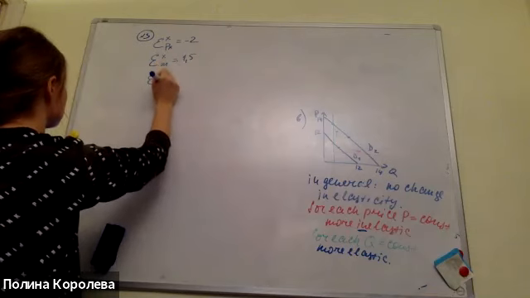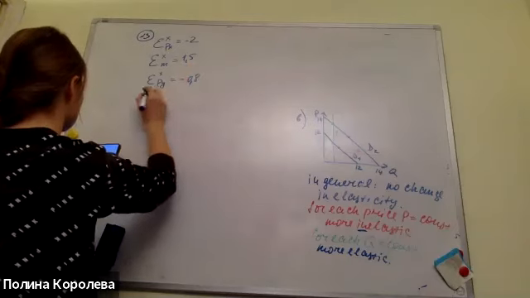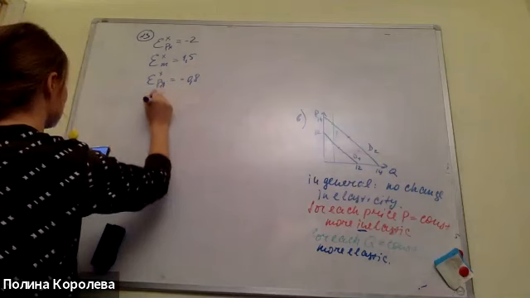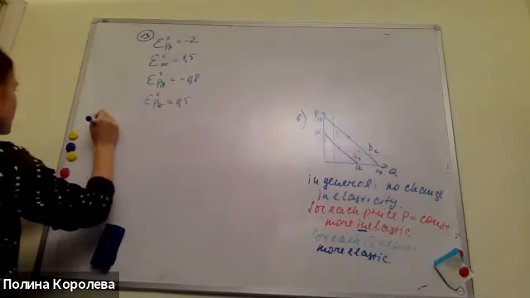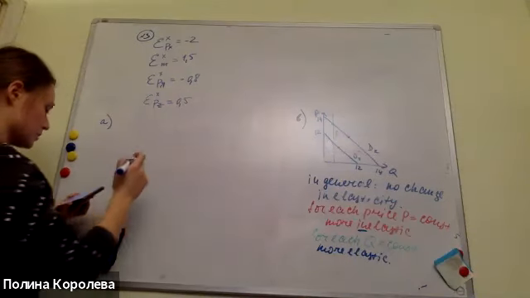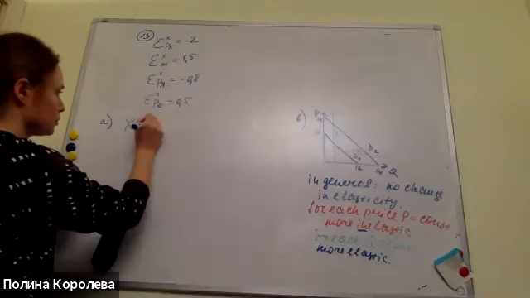Elasticity of good X by the price of good Y is -0.8. Elasticity of good X by the price of good Z is 0.5. Point A. Suppose that at the current price, the firm is able to sell 1,000 units of good X per day. So X1, first point, 1,000.